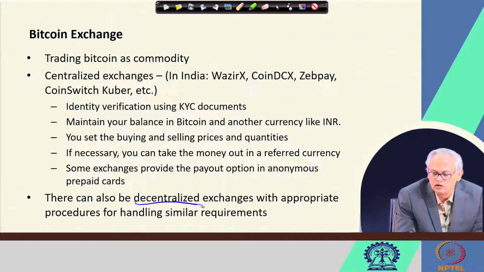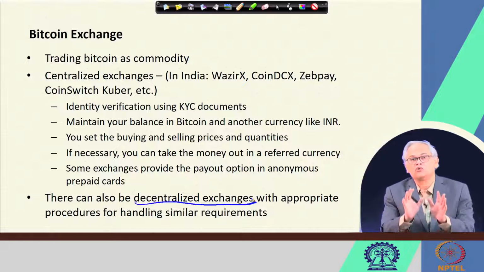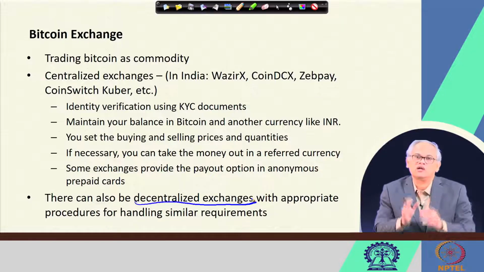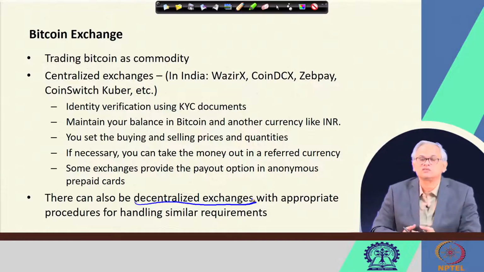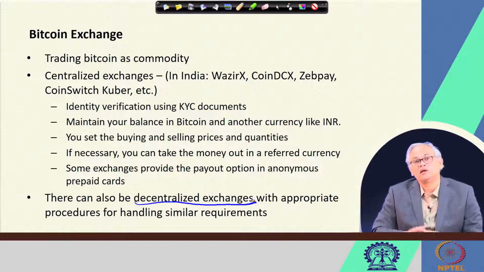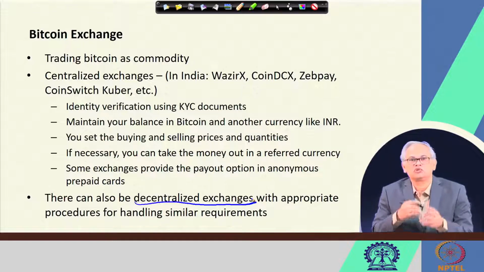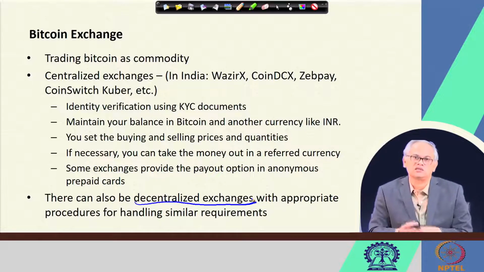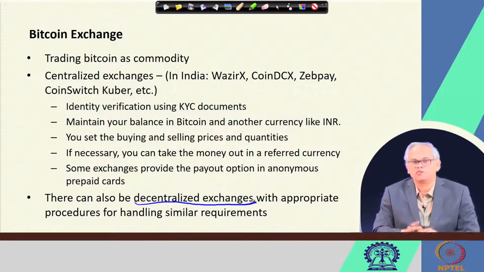But it also has to be ensured that if something goes wrong, you know whom you can bank upon, so that you can recover your money. For centralized exchanges, the advantage could be that they would be responsible: if something goes wrong, or the system where your transaction is being done goes down, then you can fall back on them for support in recovering from the situation.